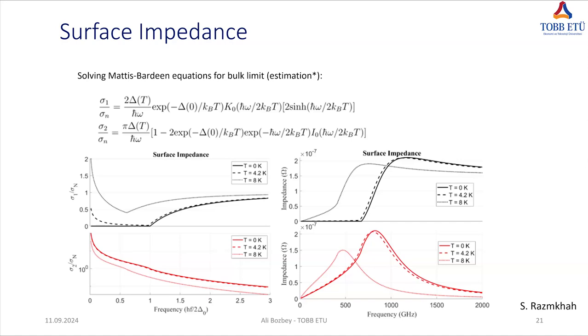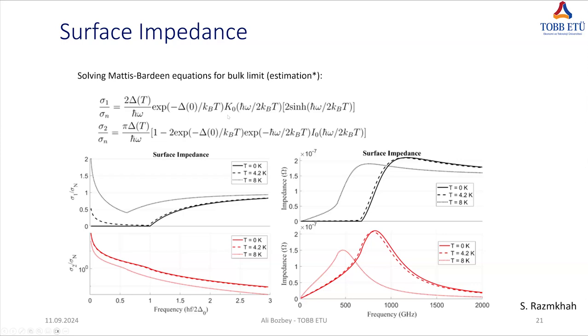But unfortunately, in the material libraries of such tools, only normal metals and normal materials are available most of the time. Recently, in the last few years, they started to include superconducting materials, but so far there were only normal metals.